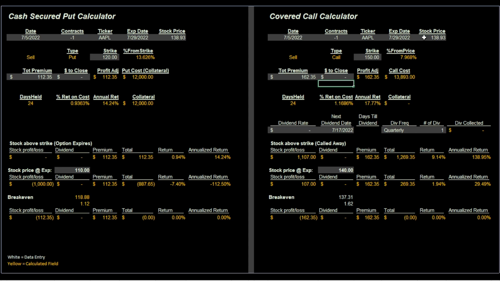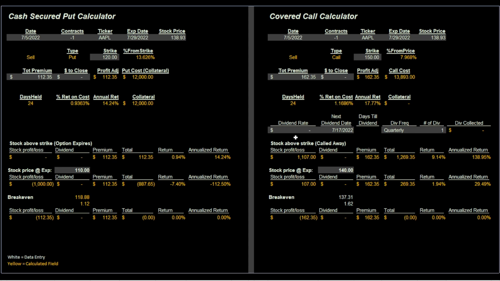It just stays at $138.93 for the next 12 months, and you continue to sell this call each month. That gives us the annualized return that you see down here. This is the return on this cost. If you multiply that out to 365 days, basically if you repeated this every month, you would make about 17.77% on your money. You would keep your shares, nothing would change. So that's the information you're getting from that.